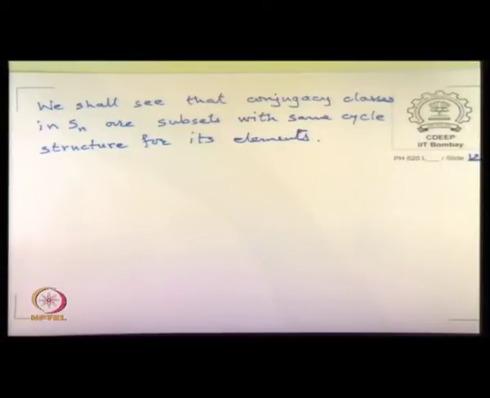So, to begin with, and just to get a little familiar with this whole thing, let us take an example where we are not actually going to do conjugacy relation, but just multiplication.